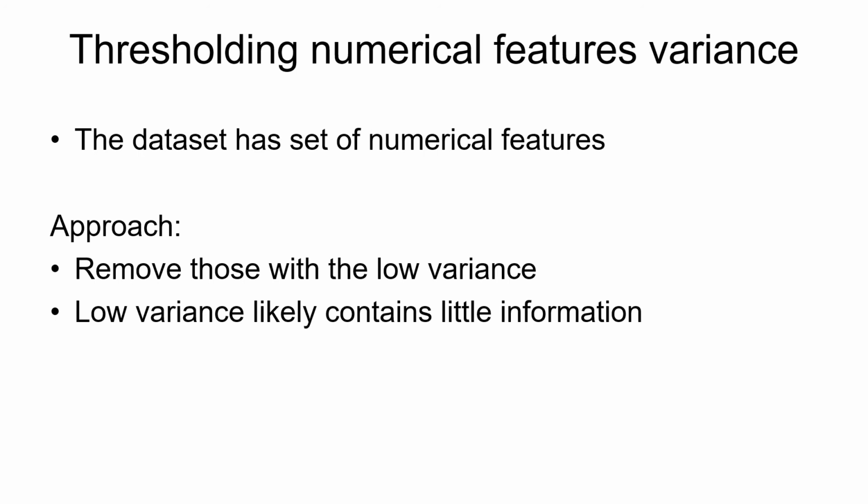We start by removing those which have lower variance, since low variance contains little information. If a specific variable has zero variance, it means that it doesn't change, so it is not really a variable. In the limit, it is a constant.